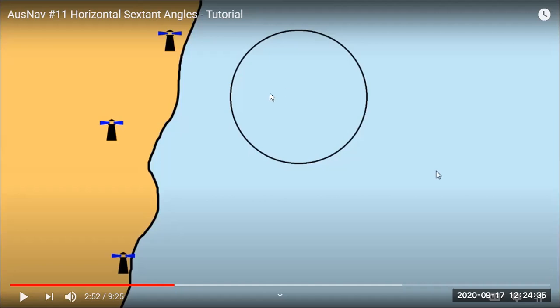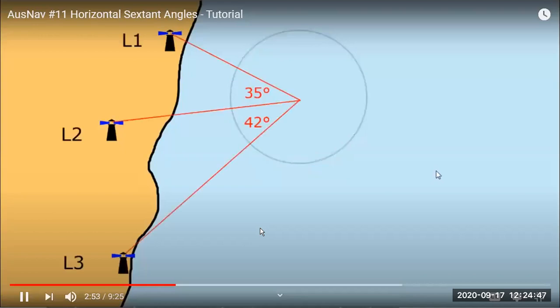So we are somewhere here and we have three lighthouses, and with the sextant we get the horizontal sextant angle between these two lighthouses and these two lighthouses, and we put these angles. The angle between lighthouse 1 and 2 is 35 degrees, and the angle between lighthouse 2 and lighthouse 3 is 42 degrees.